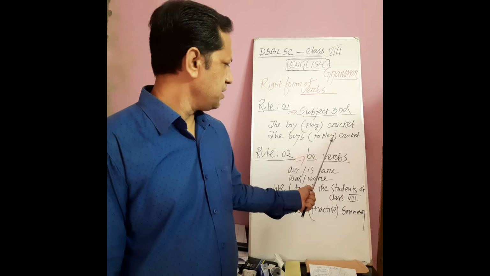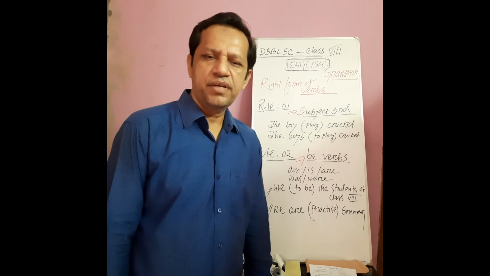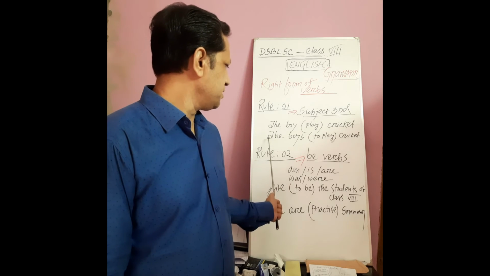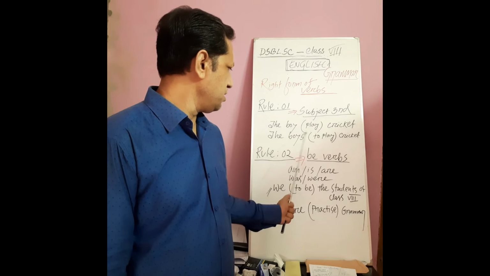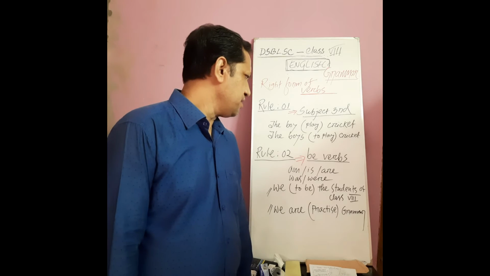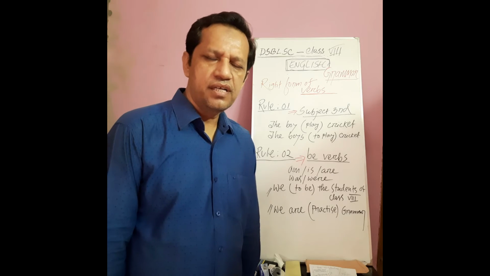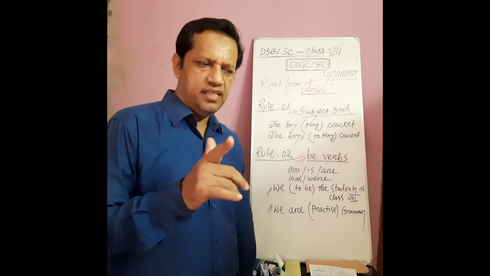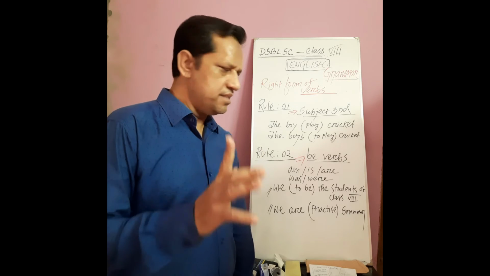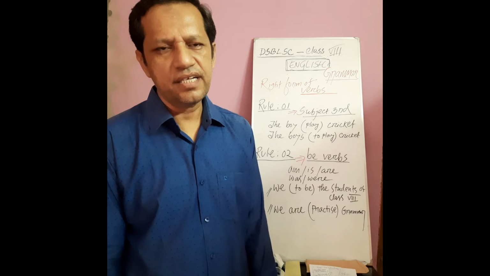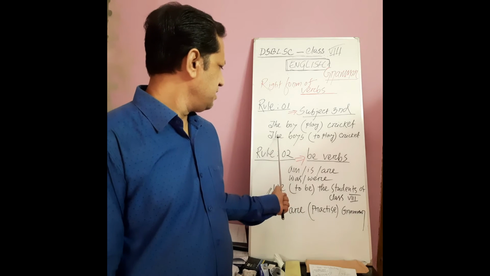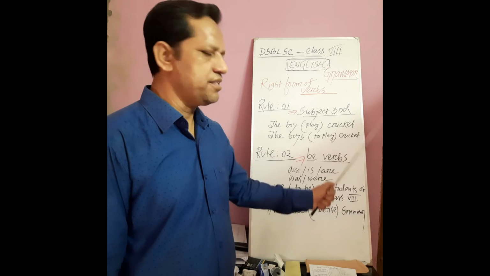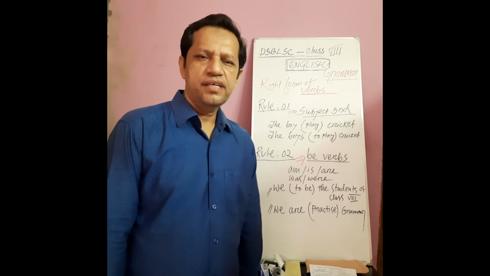Here to play actually play is the main verb. That's why the boys, third person plural number, you need not add any s or es with the main verb in the present indefinite tense. Here the answer of this sentence is the boys play cricket. The boys play cricket.